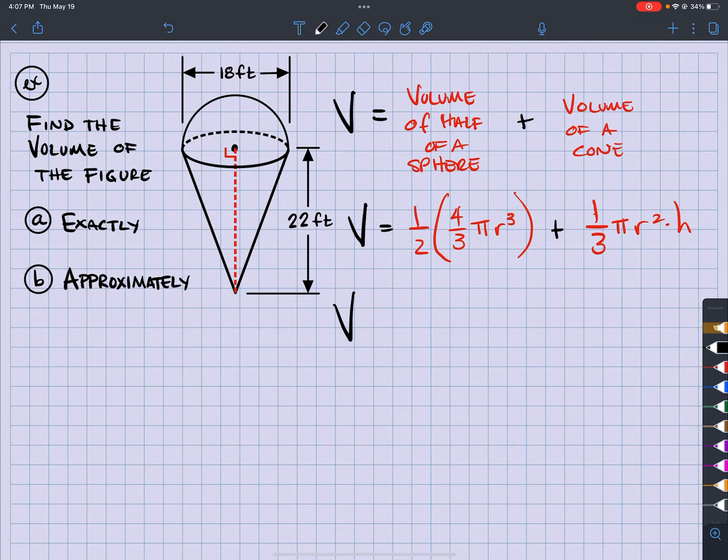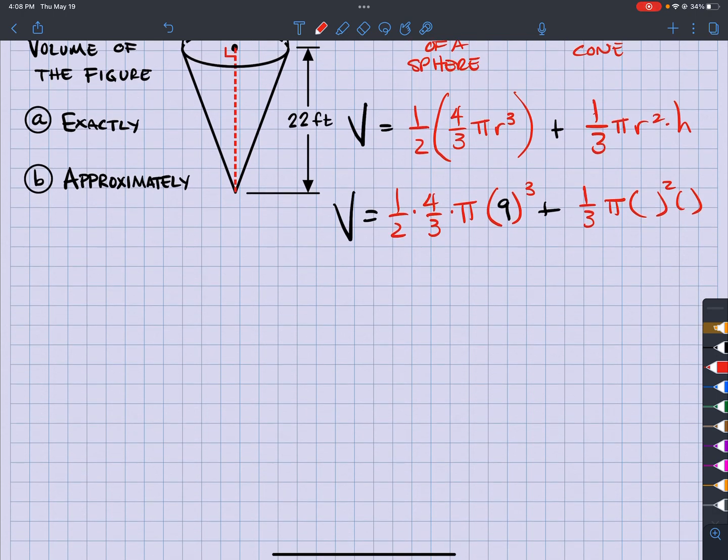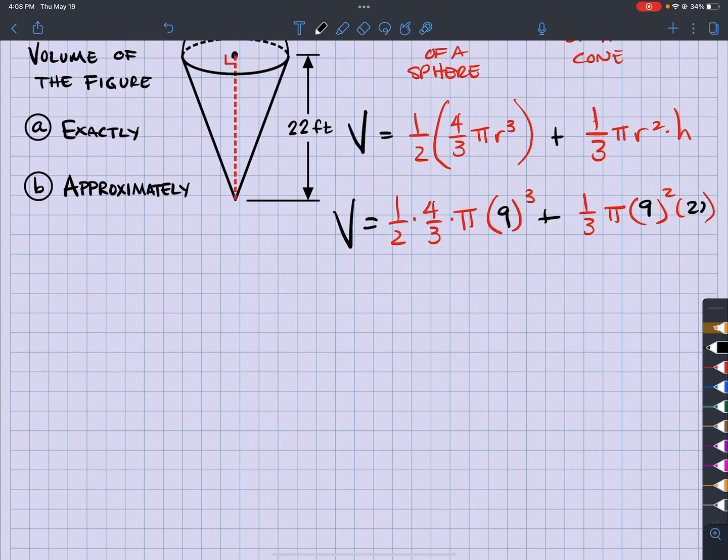So the volume is equal to 1/2 times 4/3 times pi times 9 to the third, plus 1/3 pi, and again radius was 9 and what's the height? 22.